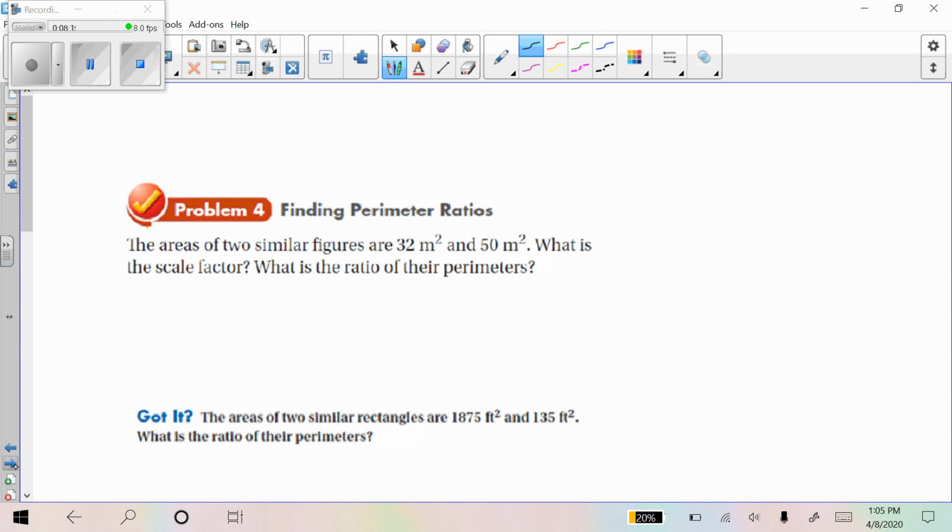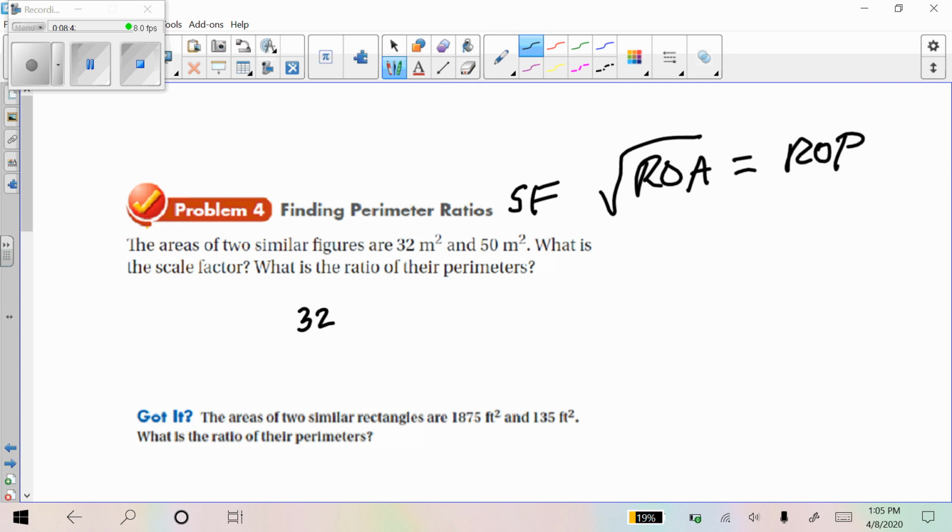All right, so finding perimeter ratios. Perimeter ratios, remember, are the same as the scale factor. And if you have the ratio of the areas, then you want to do the square root of that, and that'll equal the ratio of the perimeters. We're working backwards. So if the areas are 32 and 50, that would be the scale factor squared.